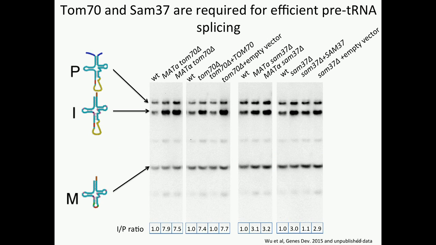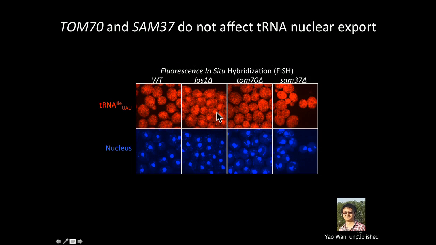So we found a couple genes that affect other genes. These are unessential genes that affect the processing, the removal of introns from precursor tRNAs. As you can see here, Tom70 accumulates intron-containing tRNAs, and SAM37 too, and they're suppressed, they're complemented by the wild-type copy.